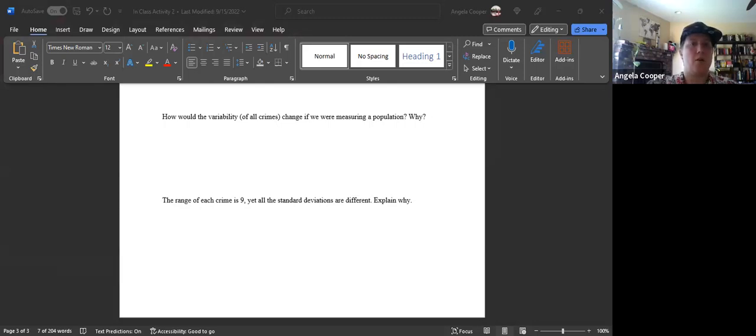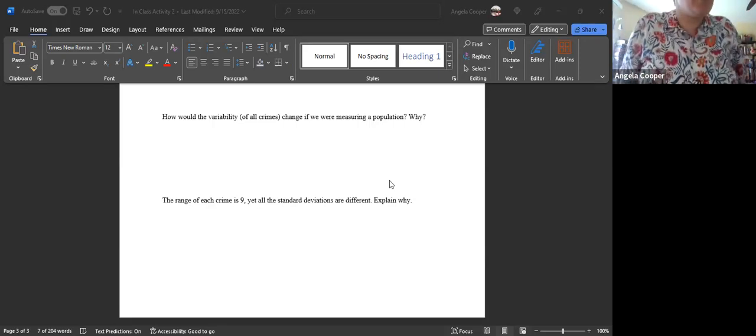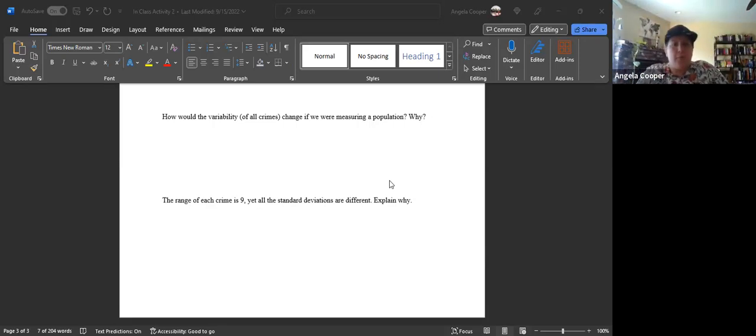Exactly. So for range, we only have the highest and the lowest. A lot of us are kind of phoning in with that response. Excellent. We're getting it. Range only takes into account the big and the small. That's it.